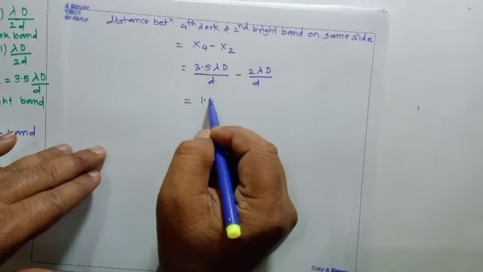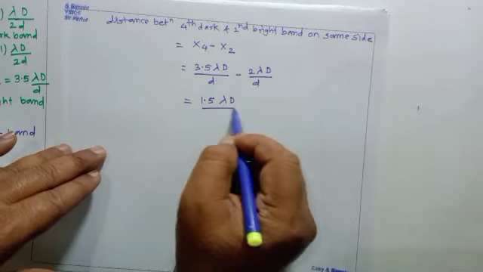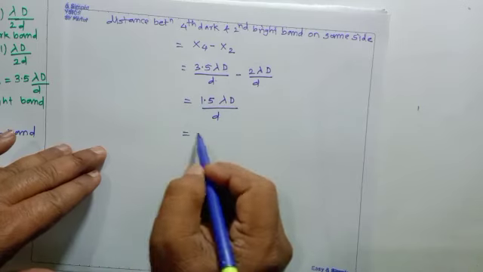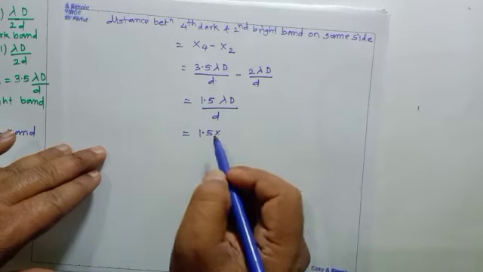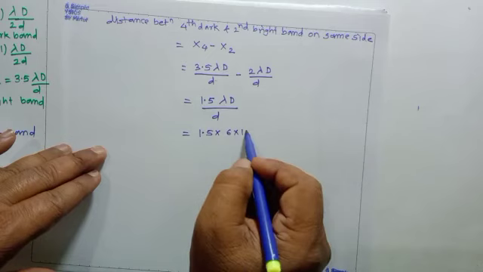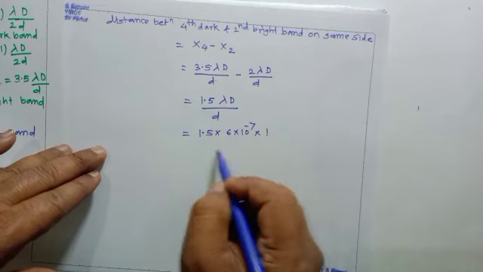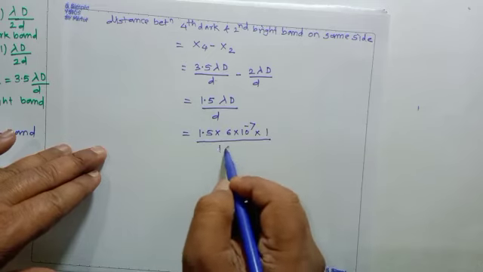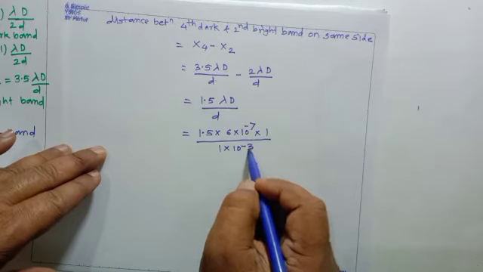It will be 1.5 lambda capital D upon small d, which is 1.5 into 6 into 10 to the power minus 7 into 1 divided by 1 into 10 to the power minus 3.